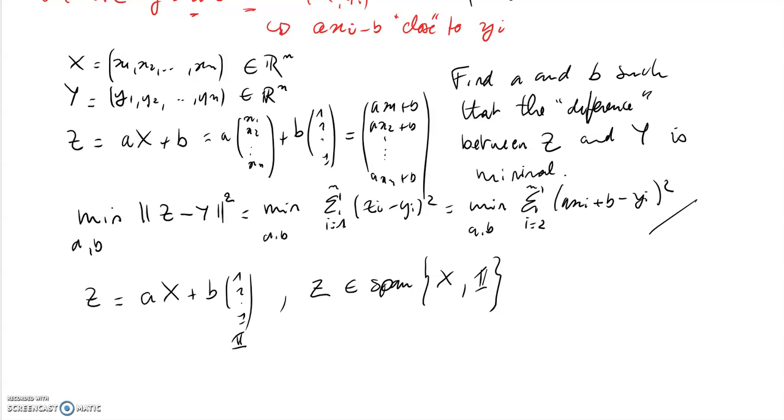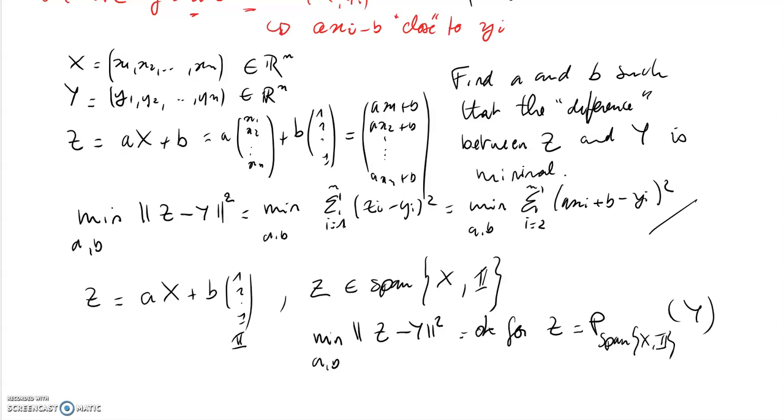So basically, if we want to find Z minus Y with a norm that is as small as possible, we know that the minimum of this norm is attained for Z equal to the orthogonal projection of the vector y on the space spanned by x and 1. That's the direct interpretation, knowing the definitions.